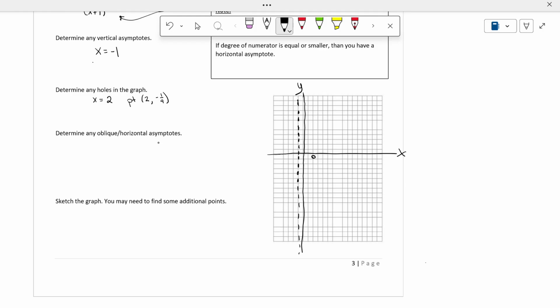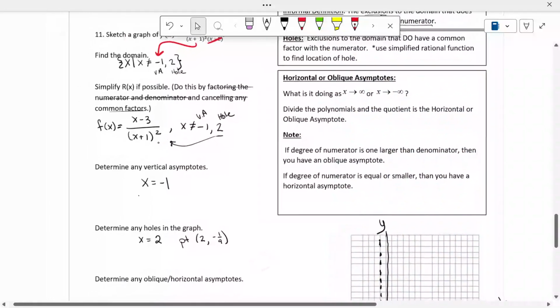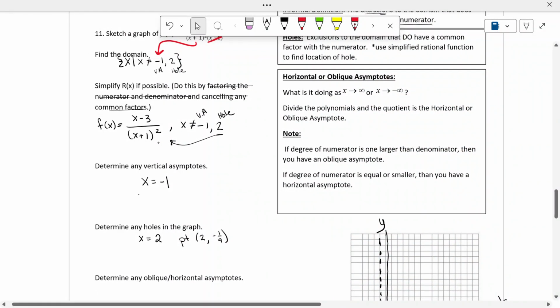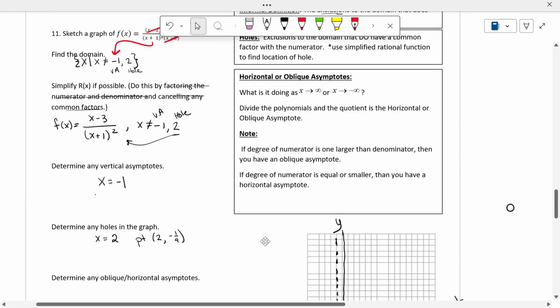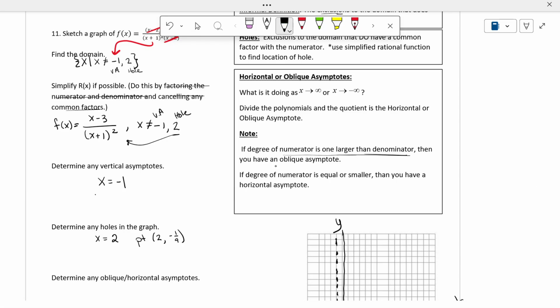Next, any horizontal or oblique asymptotes. Let's recap what we know about those, and we can look at the simplified version anytime. Remember, there was a degree issue. If the degree of the numerator is 1 larger, then we have a slant asymptote.